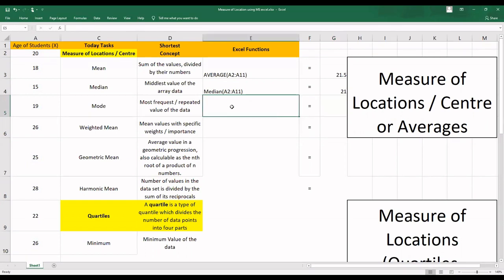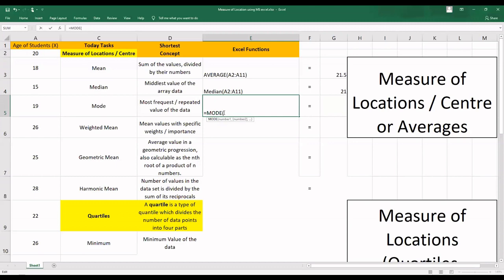Very good. So next is mode, equals MODE. We have several kinds of modes like unimodal, multimodal, and just mode. We can use just MODE, because if we have more than one repeated value, the mode concept is the most repeated number, the most frequent value. We are using the simple mode, a single mode.